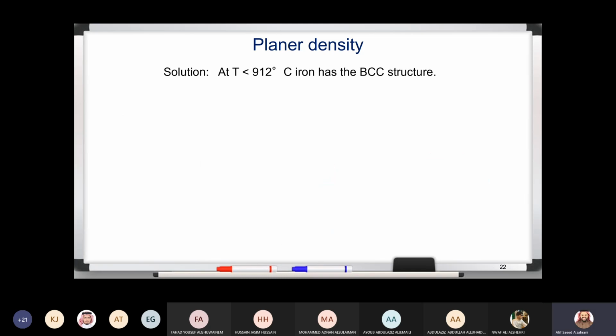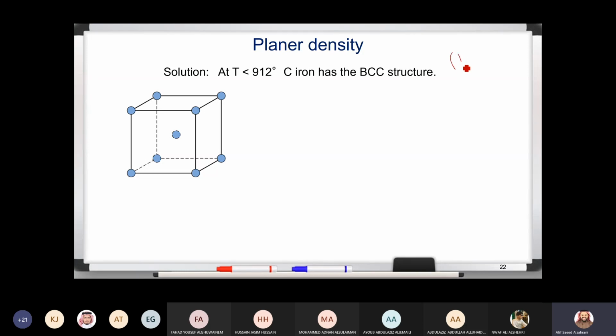So take an example of iron, okay? It has a BCC structure, so it's something like this. So he's asking you about the plane 100. So plane 100, it's here. It is this plane here.